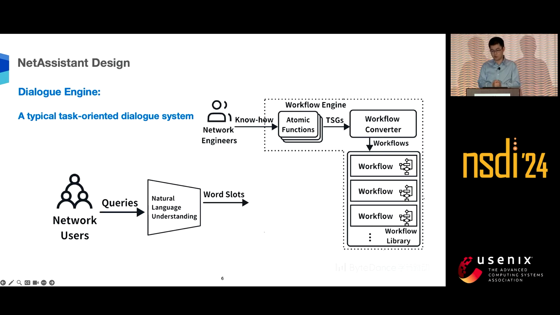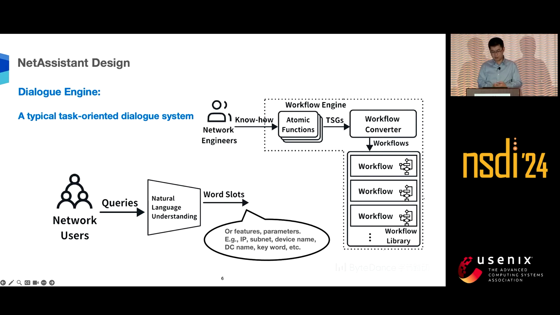The first thing is called word slots. We can call them features or parameters. For example, we can extract IP addresses, subnets, device names, data center names, any names, or some keywords or timing from the user questions. In the NLP research domain, they call these slots.